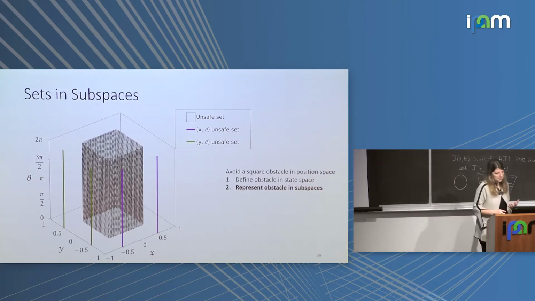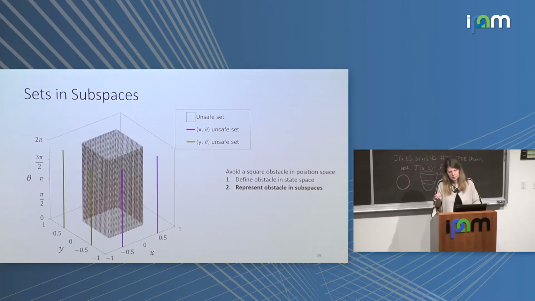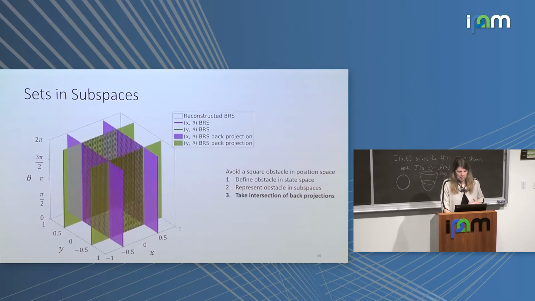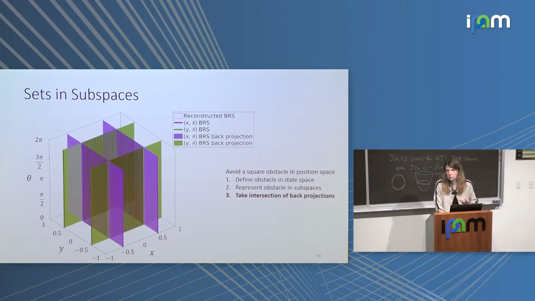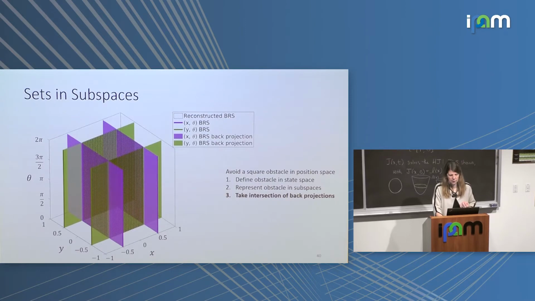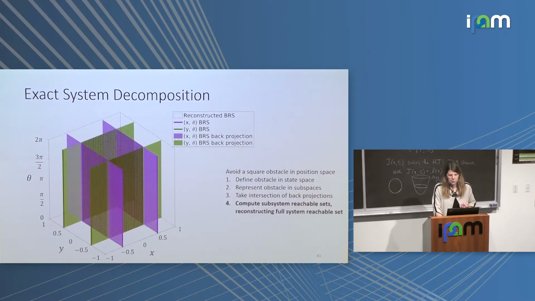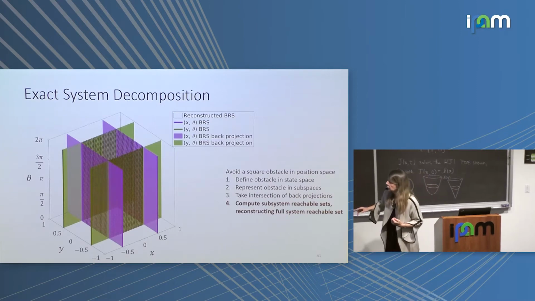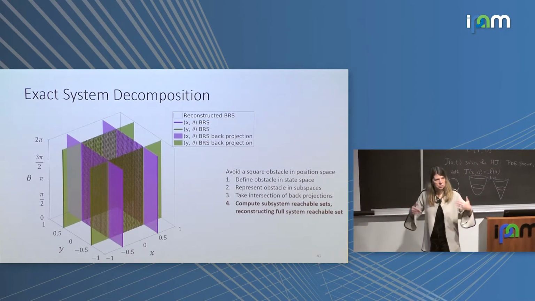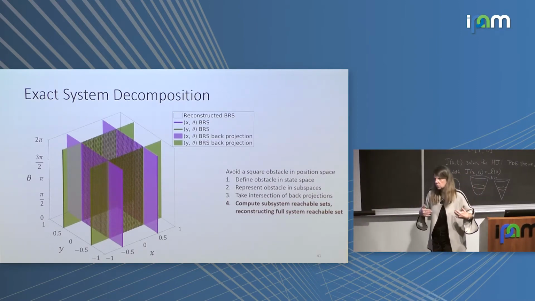You assume that your obstacle is representable as the back projection of those obstacle representations in the lower dimensional space, and then you take intersections of those back projections. That gives you the overall initial obstacle that you defined. But then you compute the subsystem reachable sets. So you don't do the computation in 3 dimensions. You do 2 computations in 2 dimensions.